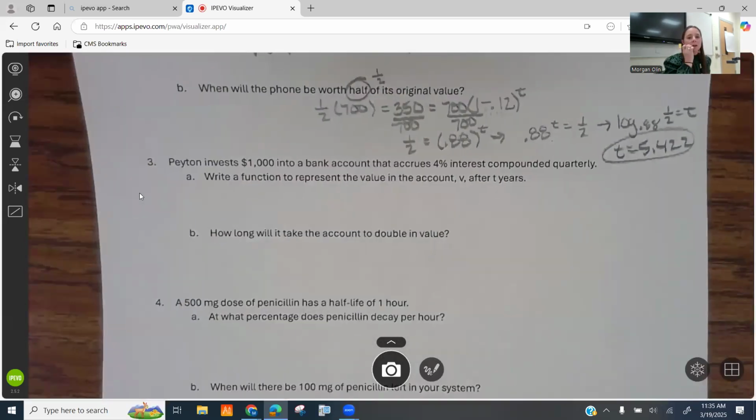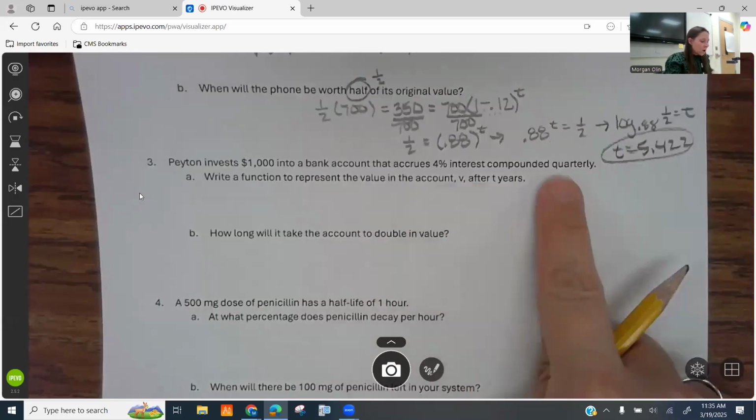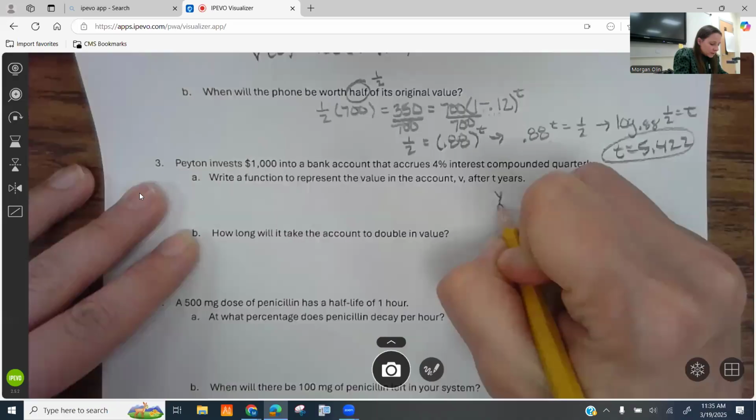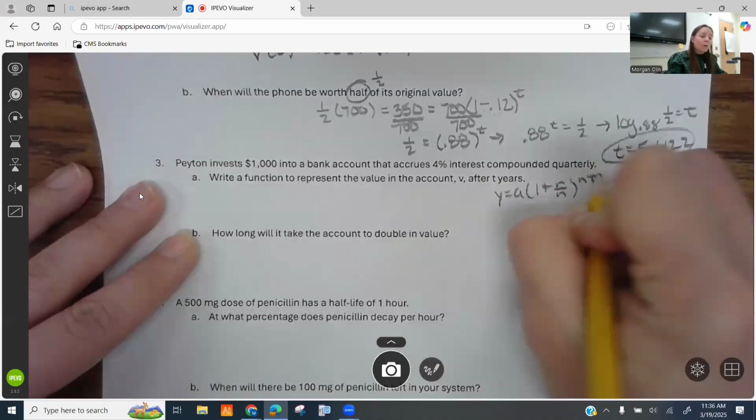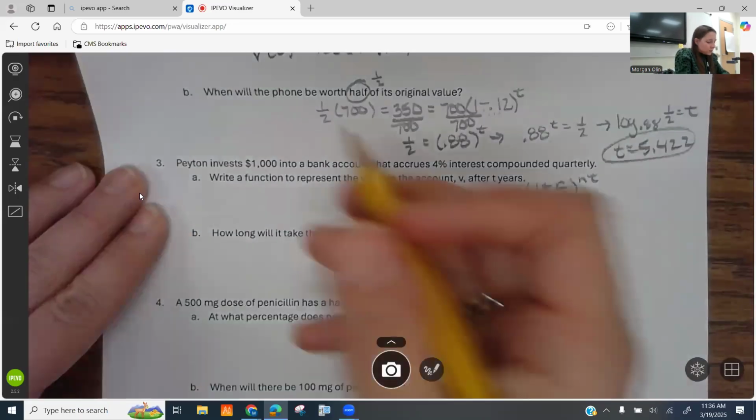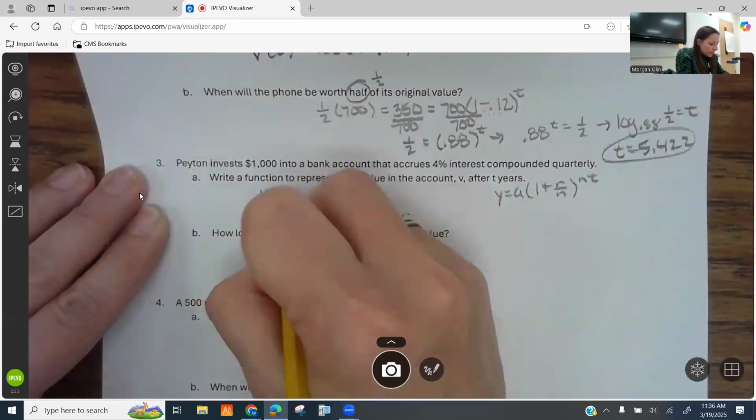Peyton invests $1,000 into a bank account that accrues 4% interest compounded quarterly. Write a function. Now here, this is y equals a times (1 plus r over n) to the nt. You got to memorize your formulas. All right, so starting out with 1,000.